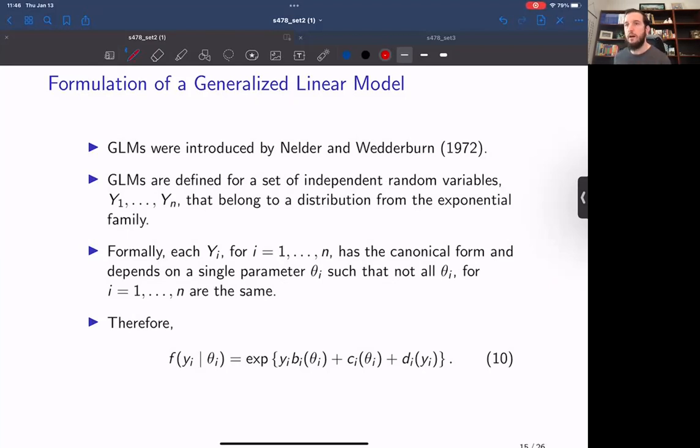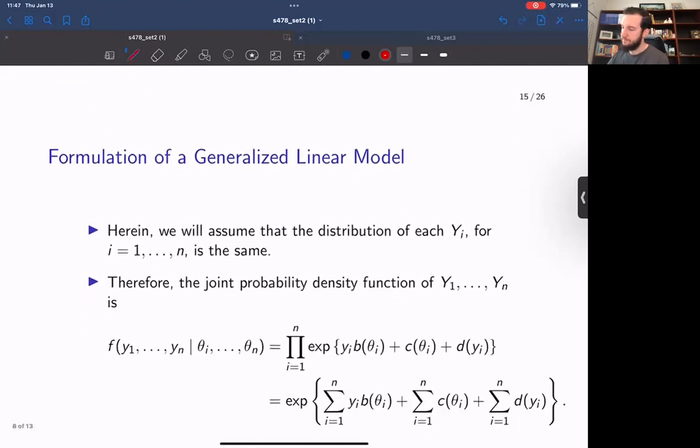So for a set of response variables y, we assume that each response variable belongs to an exponential family, can be written in canonical form, and they depend on a single parameter theta i. So we can re-express the density for the exponential family of distributions in terms of each yi for i equals 1 to n.